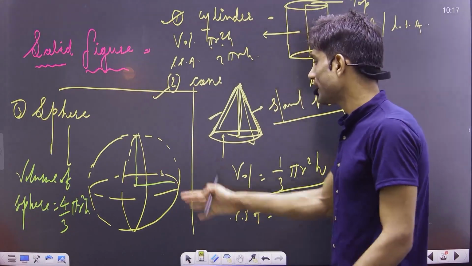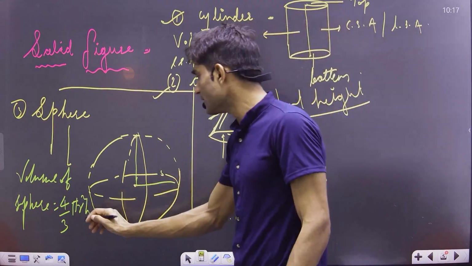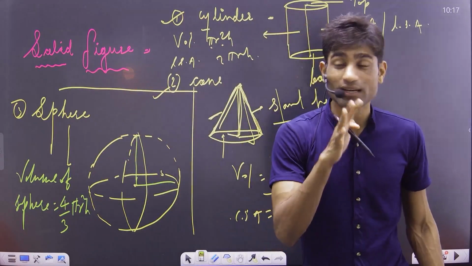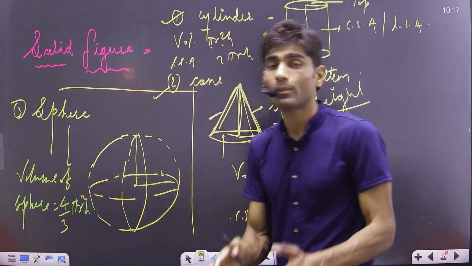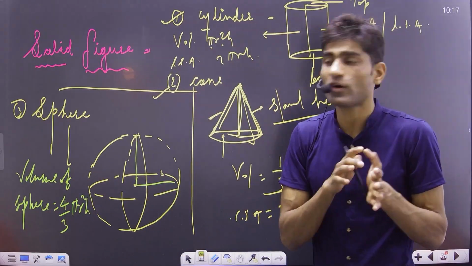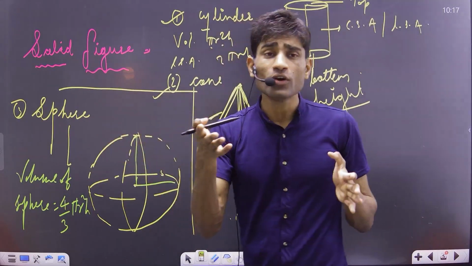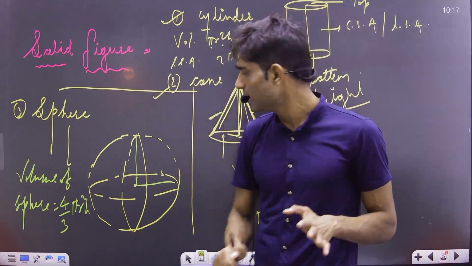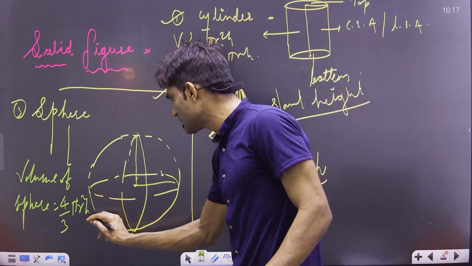First of all, let me write the volume in another form, because in the case of a sphere, height and radius are equal. That means we write 4 by 3 pi r square into r.